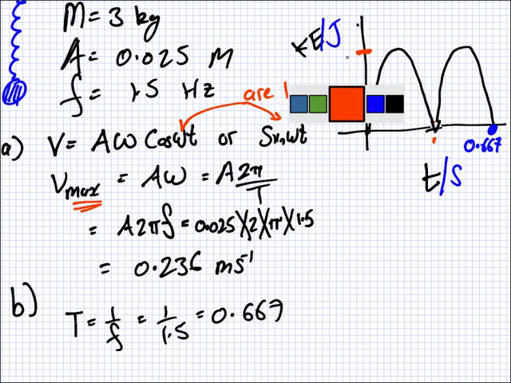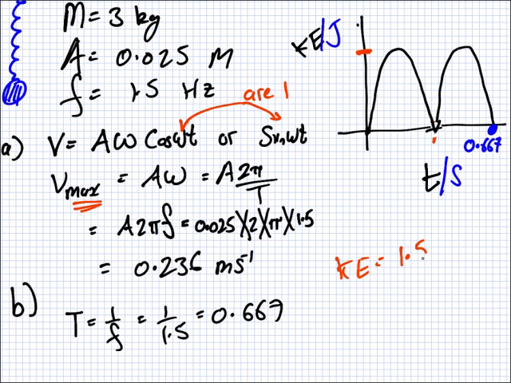And we also want the kinetic energy. So the kinetic energy is a half m v squared.